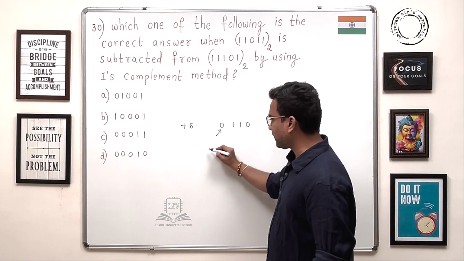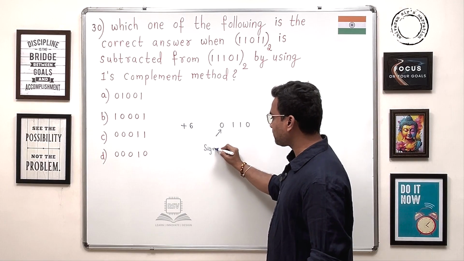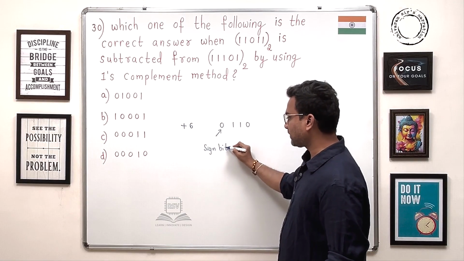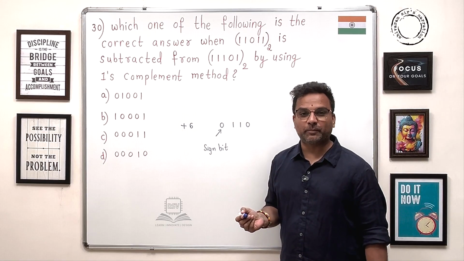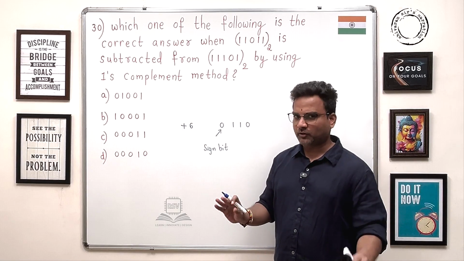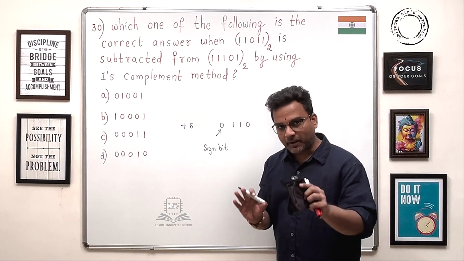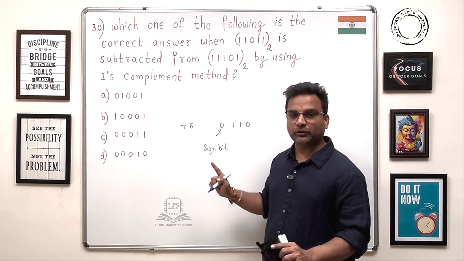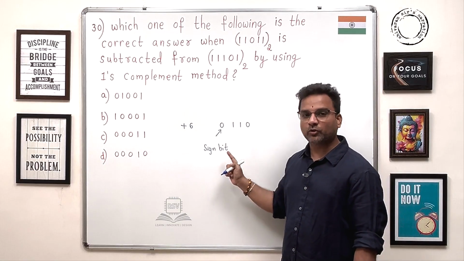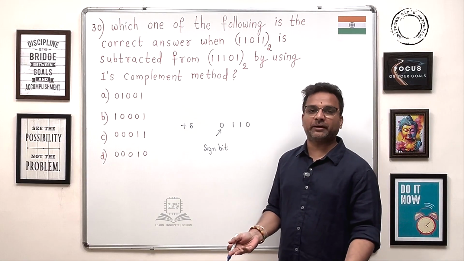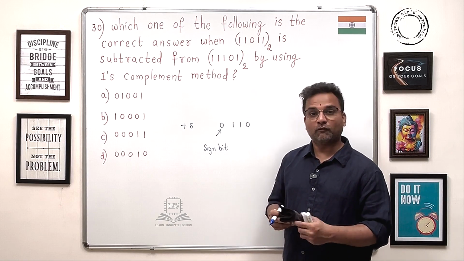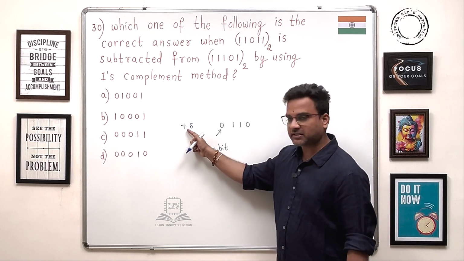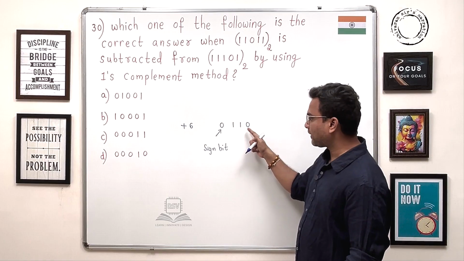This is the sign bit and that is the magnitude. Sir, is it 1's complement? No, you need to apply 1's complement. No. In 1's complement representation also, for positive numbers, you need to represent the magnitude including the sign bit. We know the sign bit is 0 for positive numbers and 1 for negative numbers. It is plus 6 only, and it is 0 1 1 0.